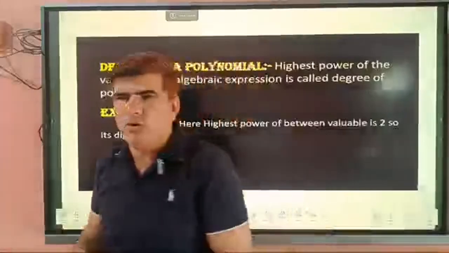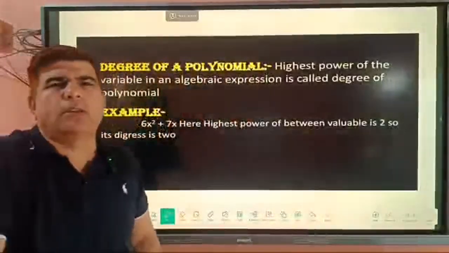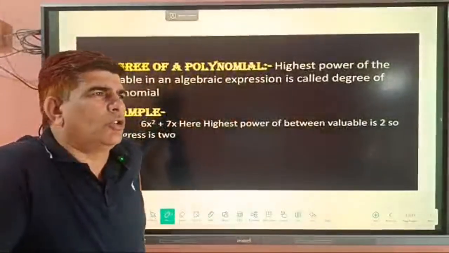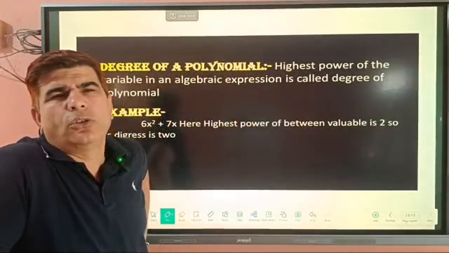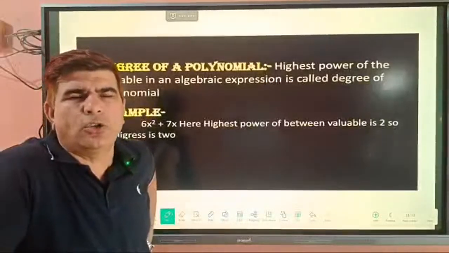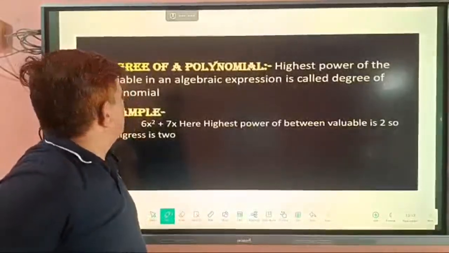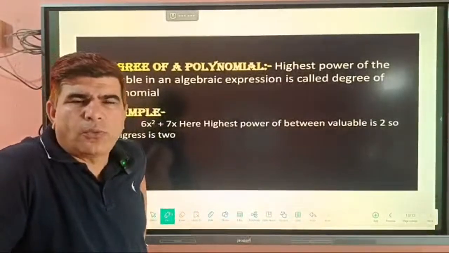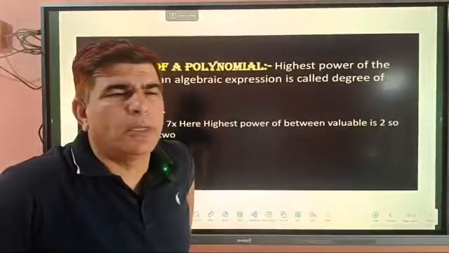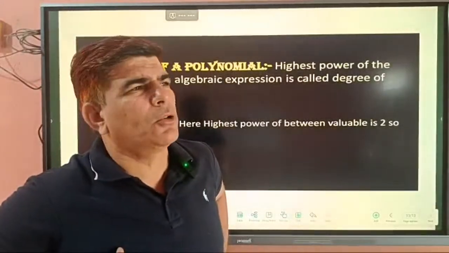First I told you what the constant and the variable are. Then I told you what coefficient is. Then what an algebraic expression is. Then what terms are. Then the difference between terms and algebraic expression. Then I told you types of terms.